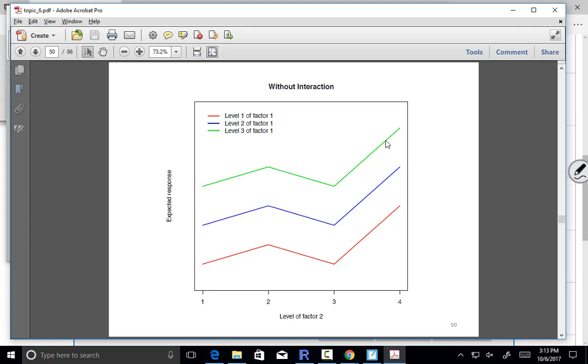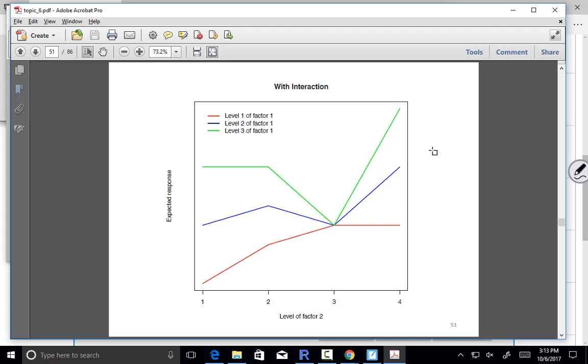Whereas the next slide is an illustration of an interaction. So now we have the same scenario, two factors. The first one has 3 levels, the second one has 4. But the lines are not parallel now. The effect of going from level 2 to level 3 on factor 2, for example, depends heavily on factor 1.